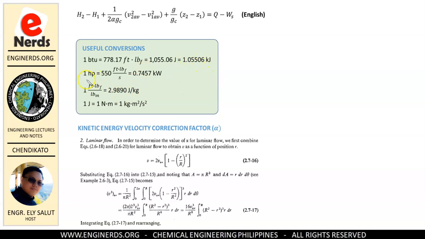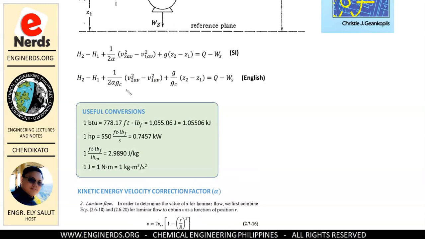Okay? Then 1 horsepower is equal to 550 feet-pound force per second or 0.7457 kilowatts. Now, 1 feet-pound force over pound mass is equal to 2.989 joules per kilogram. And 1 joule is equal to 1 Newton meter or 1 kilogram meter squared per second squared.